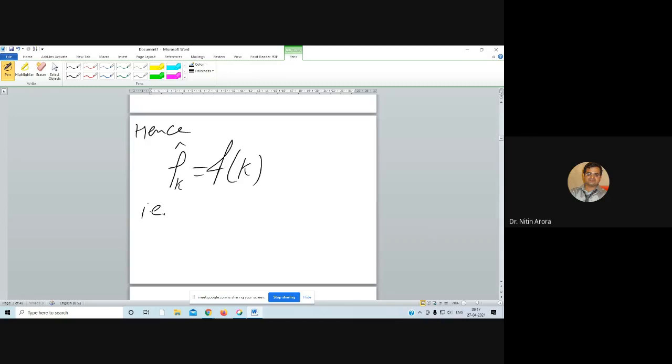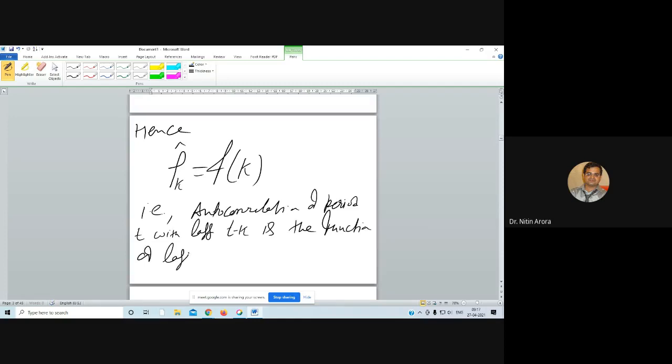That is, the autocorrelation of period t with lag t minus k is the function of lag k.